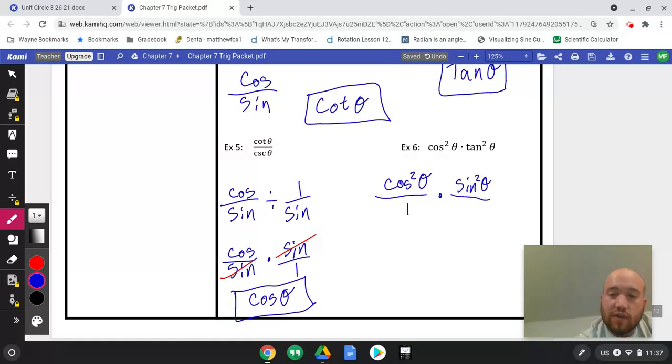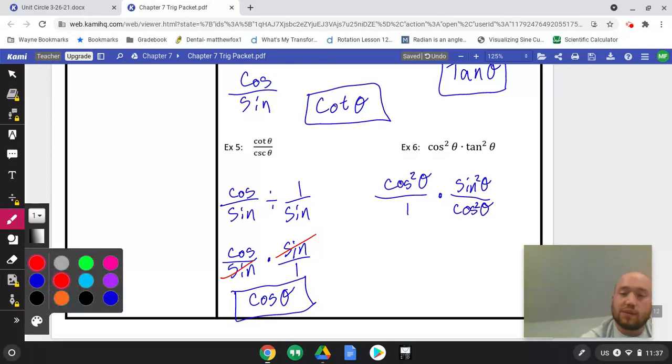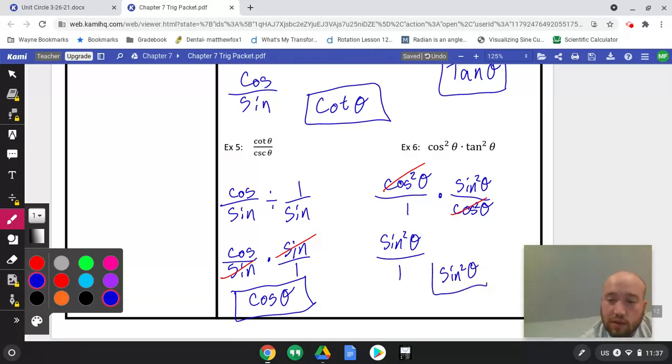We can rewrite it over cosine squared of theta. Okay, it's the exact same thing as we break it apart. And if we switch there to red so I can cross things off, the cosines cancel out. And we're going to have sine squared theta over 1 as our final answer, or just sine squared theta right there.